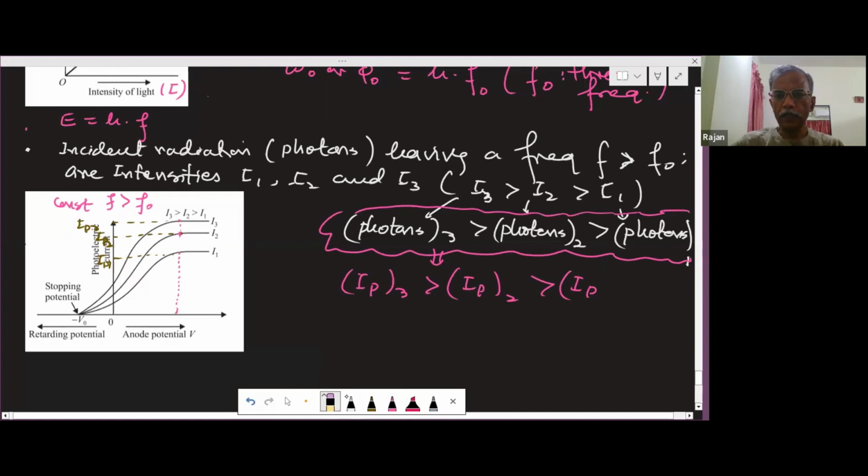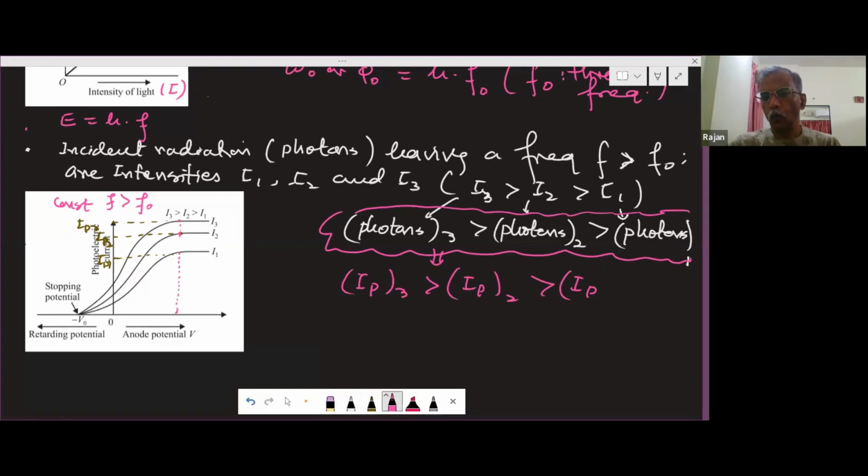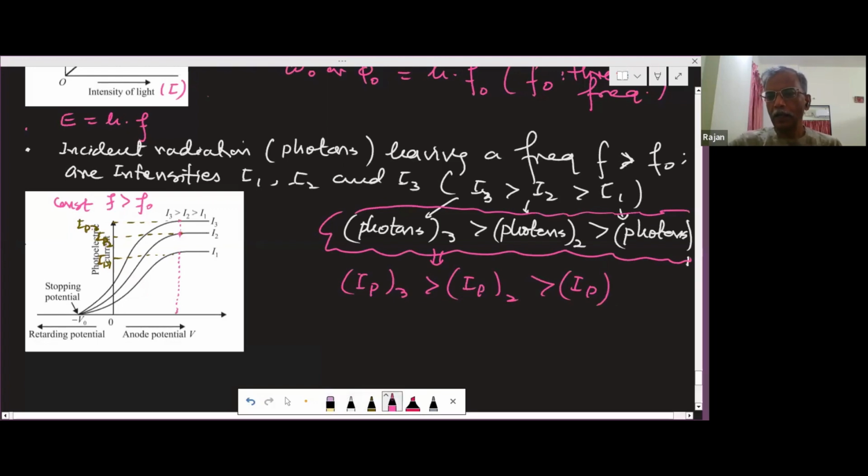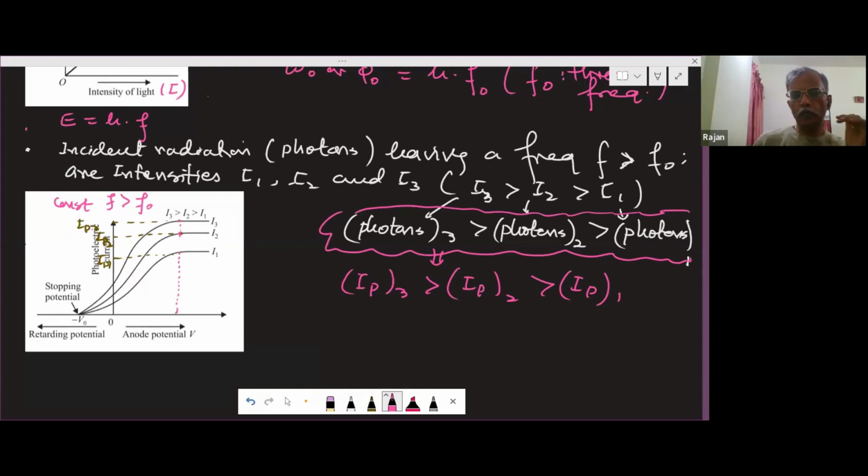Each photon is liberating one electron, so the current will be as per the number of electrons liberated. Of course, in case of the third, it will be more. That's why the graph I3 is above I2, and I2 is above I1. Clear?